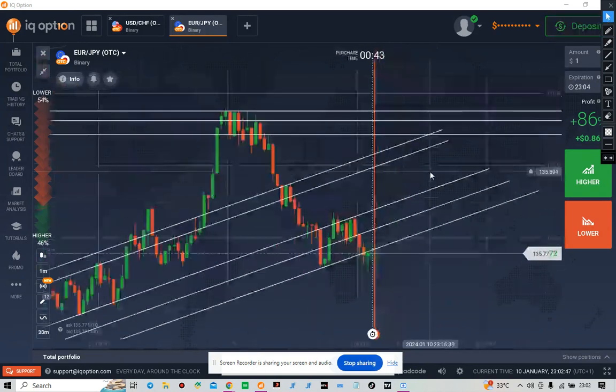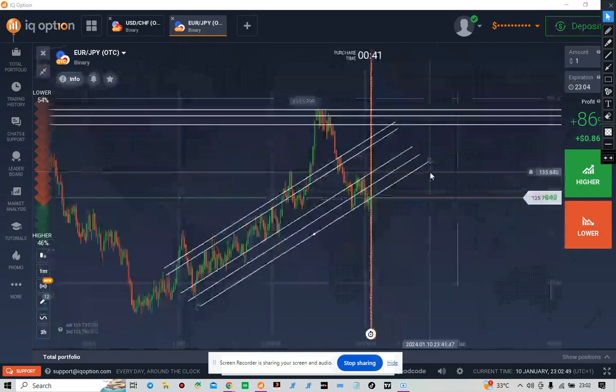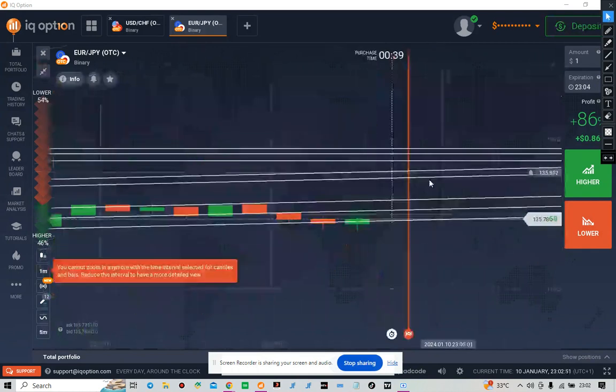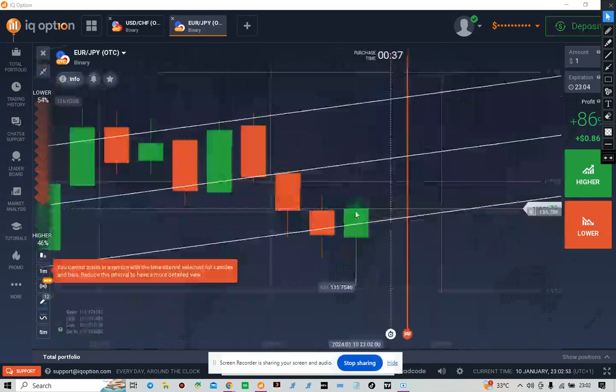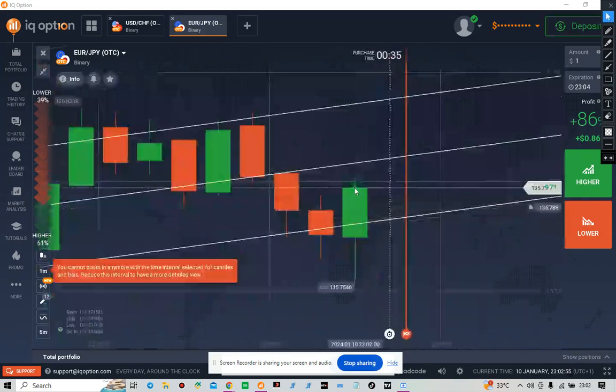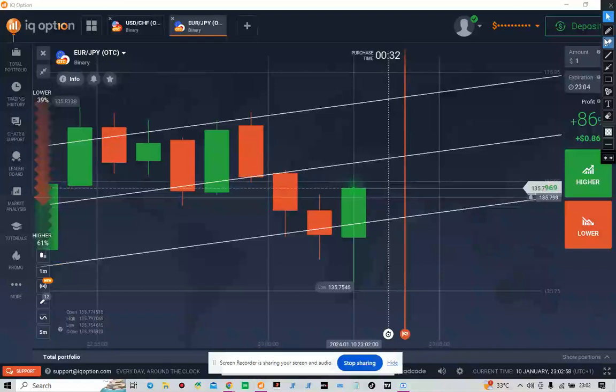Okay, now you can see the buyers entered. As you can see, buyers entered. Now, if the buyers enter again into this zone with a rejection from sellers, the next candle is going to reverse.